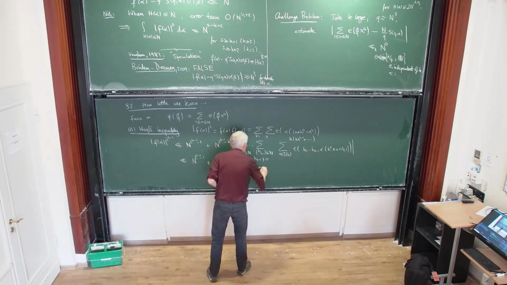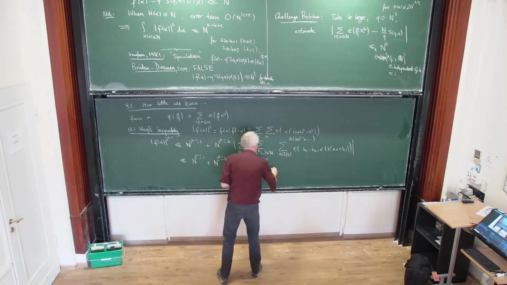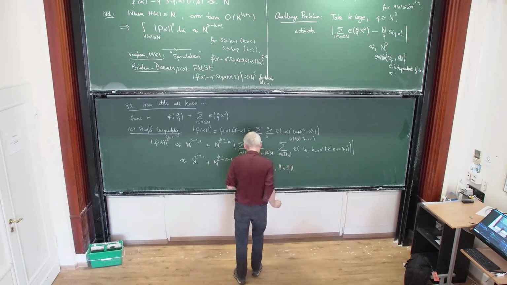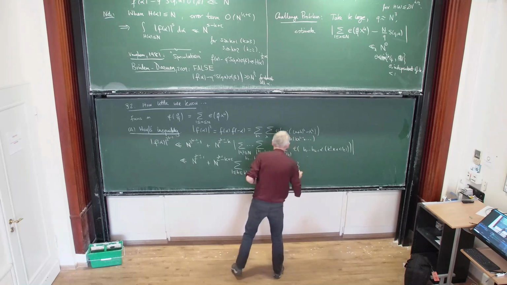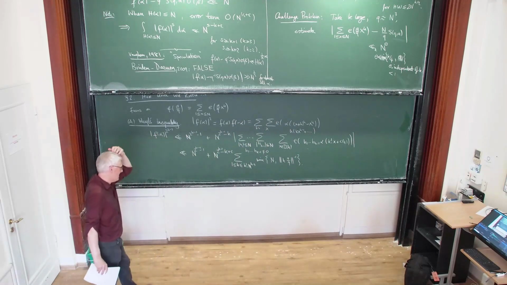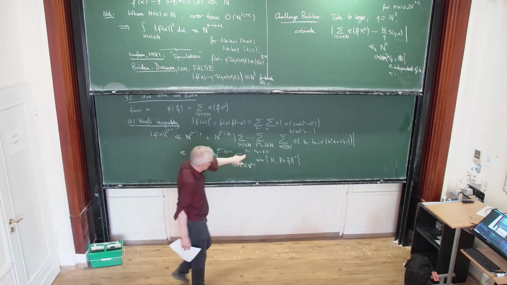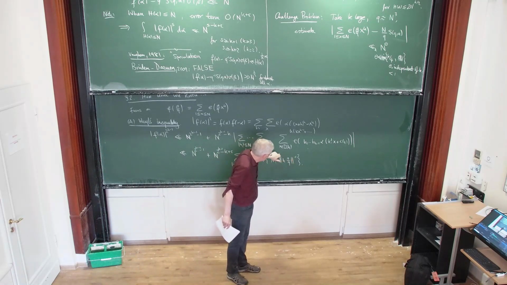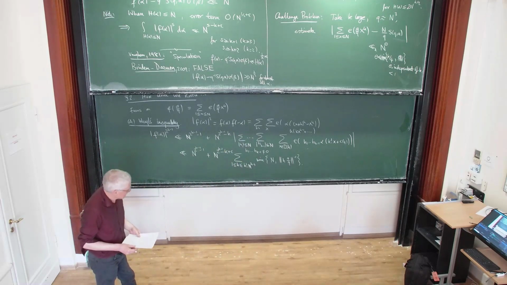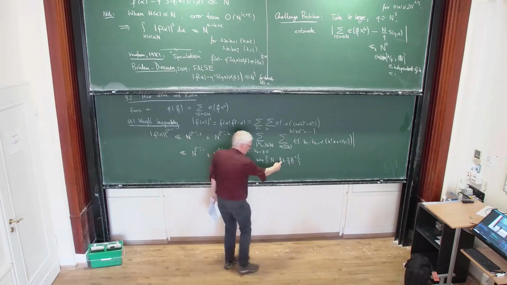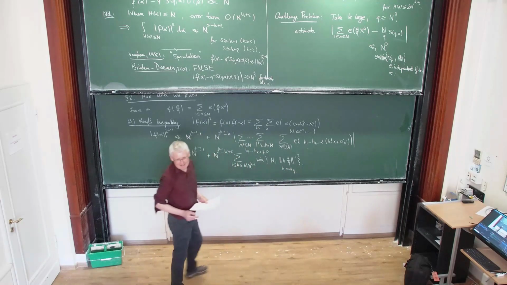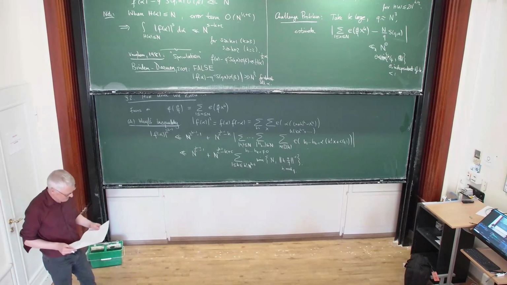The sum over x can be replaced by this min of the trivial estimate n, the length of the interval, and the distance of h times a over q to the nearest integer. This only depends on h mod q. Notice it doesn't depend on anything else.